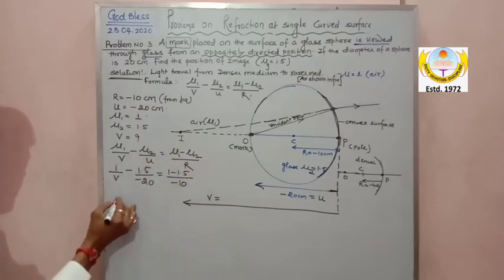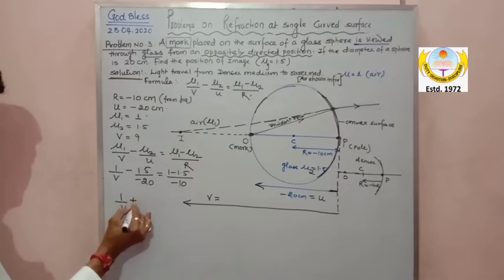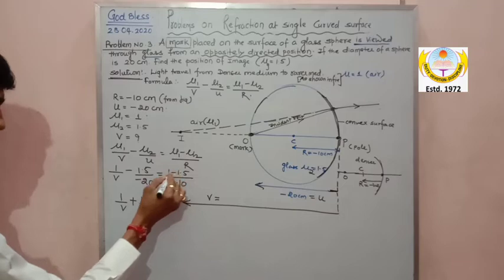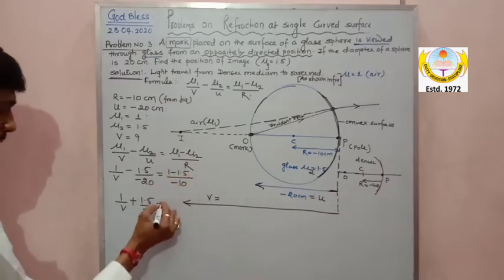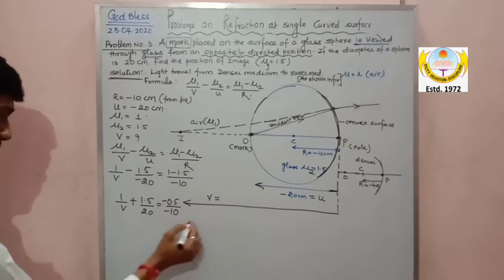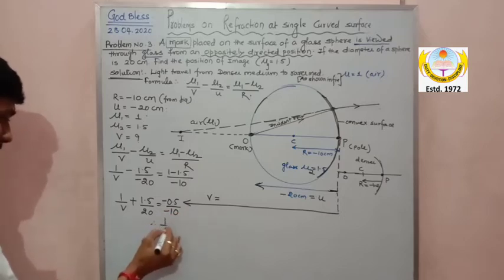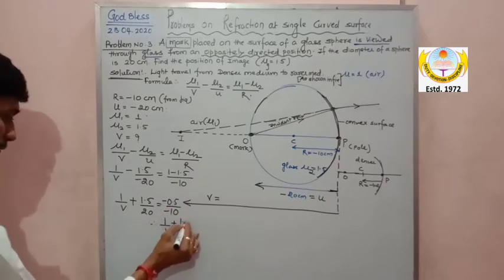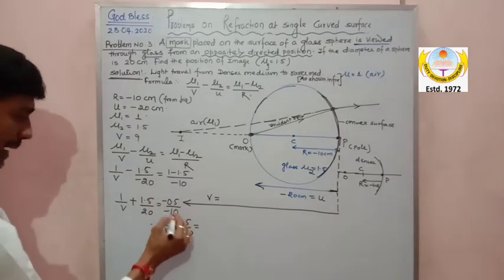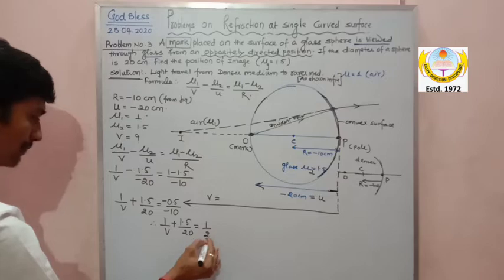So this will be 1 by v plus 1.5 divided by 20 is equal to minus 0.5 divided by minus 10. Therefore, this will be 5 by 10, that is 1 by 2.